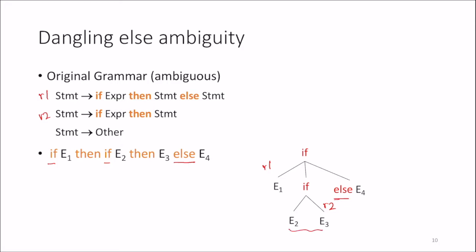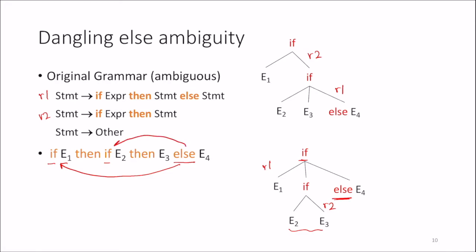And R1 puts this else with the first if. So if I was to draw the dependency over here, then it would be taking this else and matching it up with this if. But there is another possible way to do this. I can do R2 first and then R1, in which case this else statement is going to match with this if. So there's 2 possible ways to derive this input string, to give a parse tree for this input string. That's why this grammar is ambiguous.